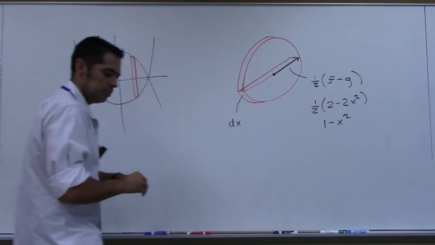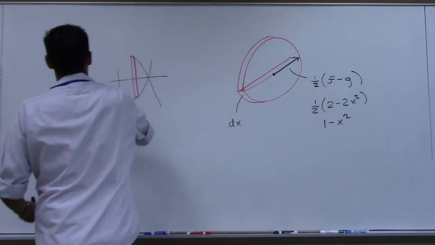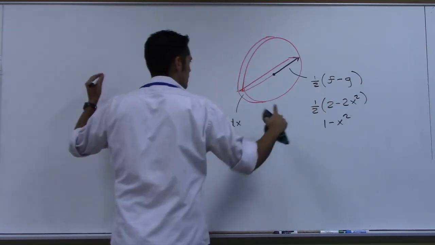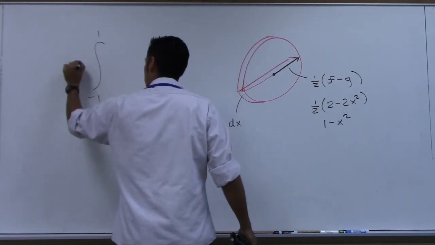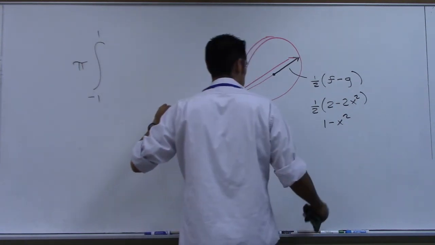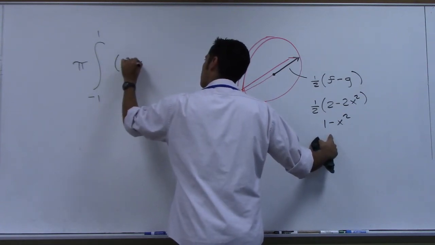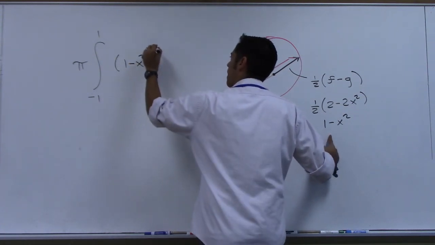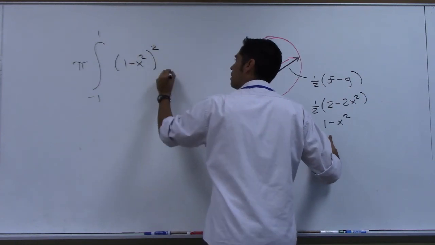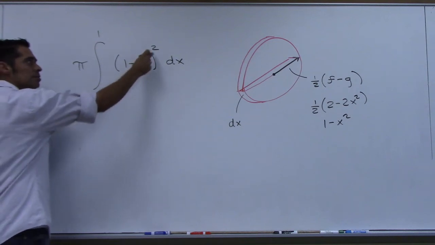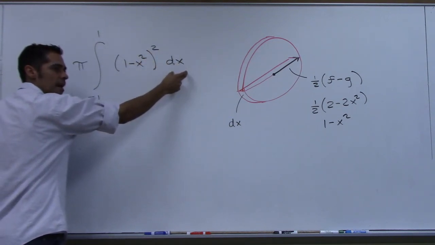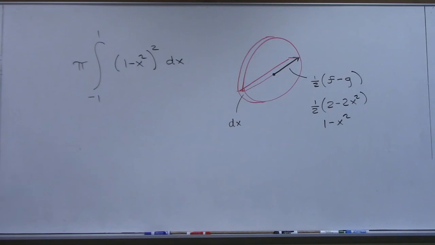So my integral: the volume would be the integral from -1 to 1 of pi, I'll bring the pi out, times (1 minus x squared) squared, right? So it was pi r squared times height. Then you multiply that out, integrate, you're done.